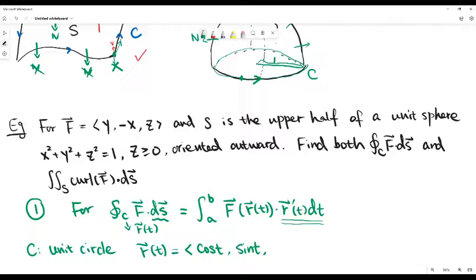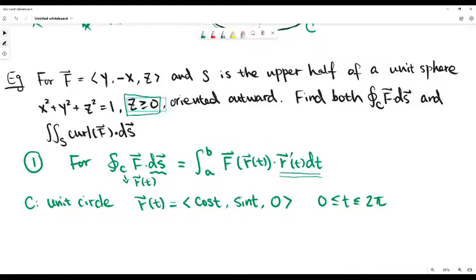Right? And since this is on the base of the sphere, where z equals 0, everything else is above z equals 0, so my z is just 0. Okay, so that's my first part, and to have the complete circle, my t has to be 0 to 2 pi. And notice here my r, even though it's a two-dimensional circle, I need 3 components because my vector field includes that z, right? So I do need to write all x, y, z components for this curve.